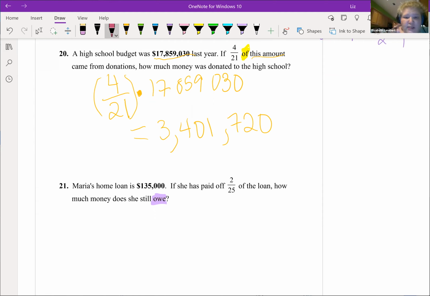And this is like the closest the book gets to a trick question, is asking a question you weren't quite expecting, but it's like one extra step to get to that answer. You can answer it. You just have to pay attention that they asked it weird. All right, so if she's paid off 2/25 of the loan, there's our lovely of. And I'm going to label this in front. This is what she has paid.